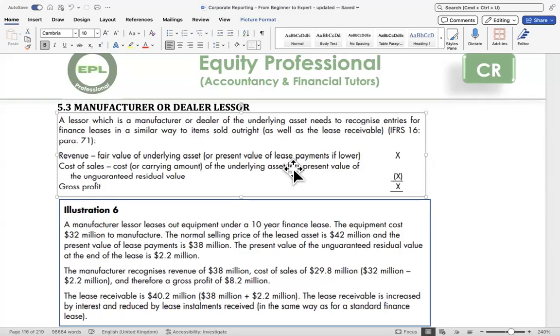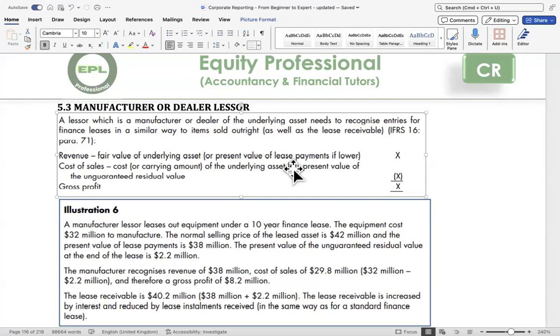However, this guy being a manufacturer or dealer lessor, you need to remember in the exam that if they give you this type of scenario, you must always remember to determine a gross profit, which is revenue minus cost of sales. And you need to know that the revenue is the lower of fair value and present value of lease rental, and the cost of sales is the cost minus present value of unguaranteed residual value.